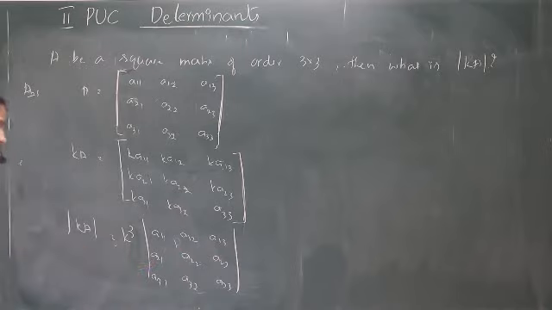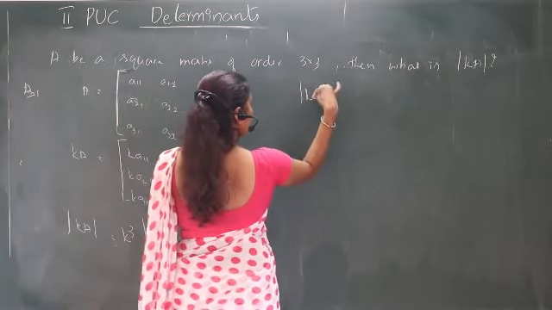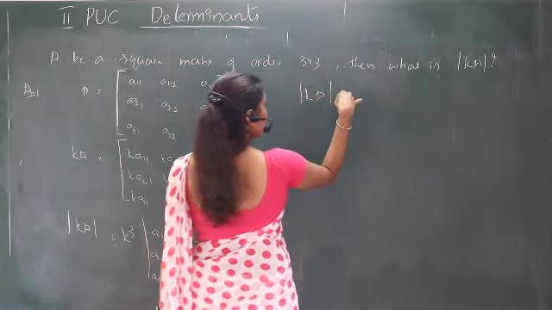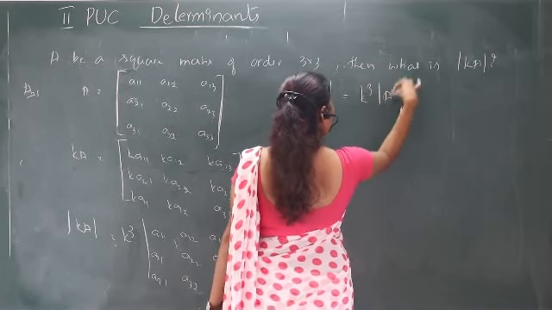So here, determinant of kA is equal to k cube of determinant of A.